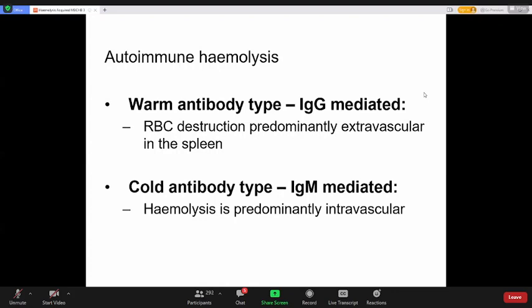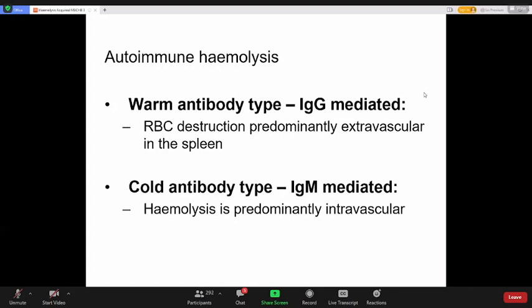And we know that a lot of the warm antibody type hemolysis are usually of IgG type, all right? Now, cold antibodies are antibodies that react best at lower temperatures, usually 25 degrees, which is room temperature, and some of them even act best at very much lower temperatures like 4 degrees. So in the laboratory, again, we will try and detect these antibodies at those temperatures because that's when they act best, all right?